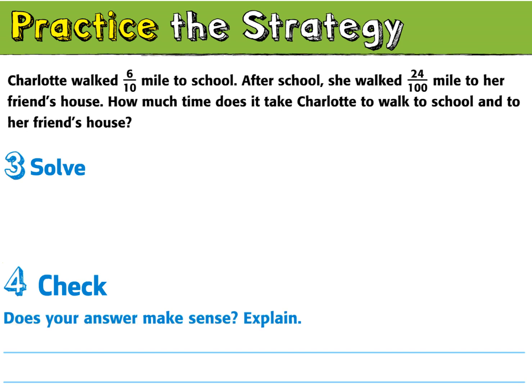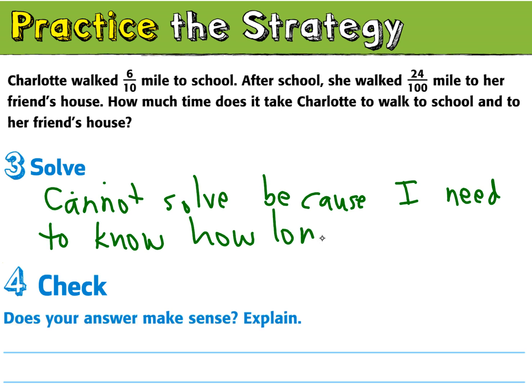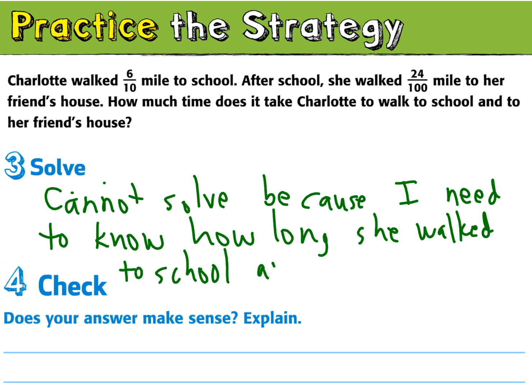So as I look at step 3, I cannot solve this because I need to know how long she walked to school and to her friend's house.